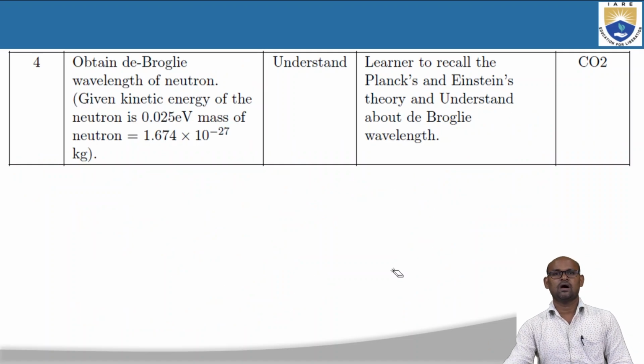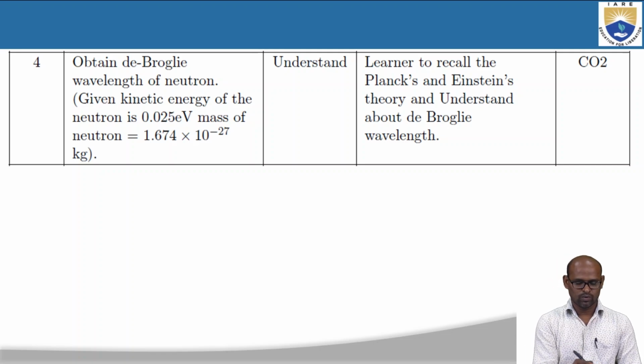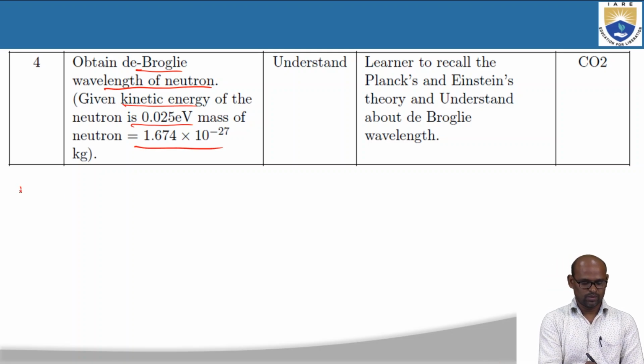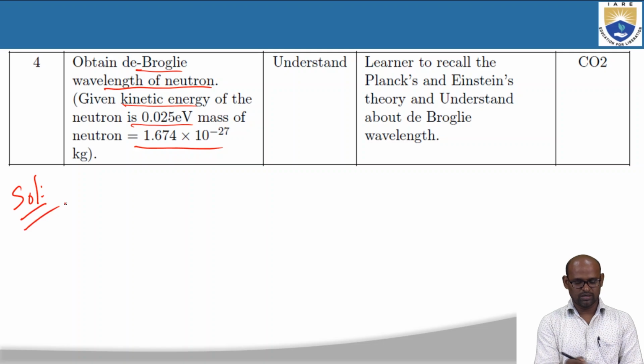The next problem is: obtain the de Broglie wavelength of a neutron. They have given the neutron kinetic energy as 0.025 electron volts. So, how do we find the de Broglie wavelength of the neutron? First, let us start with whatever is given.